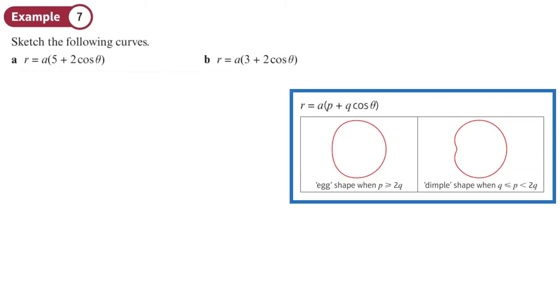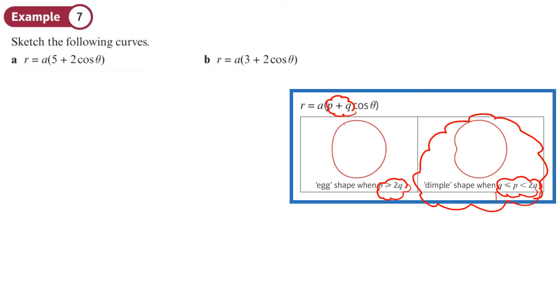Okay, so there's two other curves here we're going to sketch, and we've got a couple of tips here. We drew one in the last example that was like this one here. Now, how do we know when it's like a dimple, when it's got an egg shape? That is to do with the relationship between P and Q, these two numbers here.